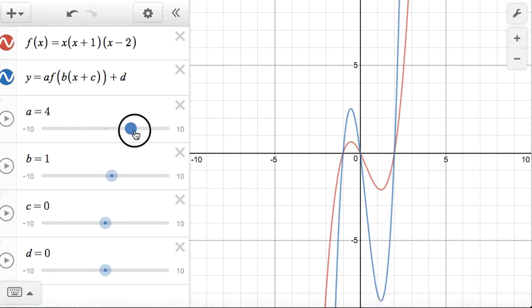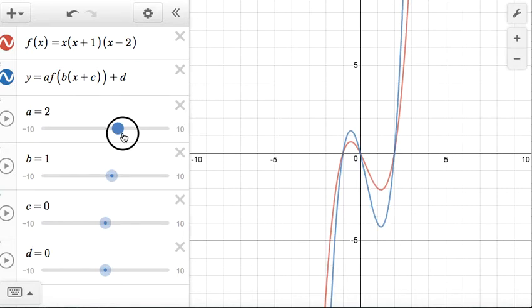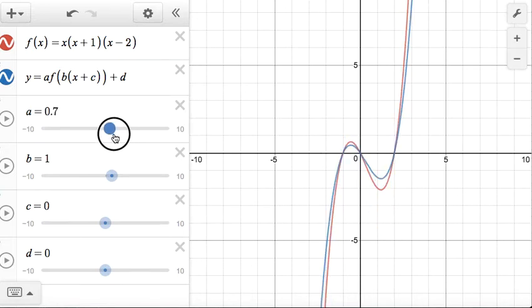Likewise, if I went in the other direction, we can see now that the function's expanded in the vertical direction. So that'll be our vertical expansion. In general, this is referred to as a vertical rescaling. Big key I want you to remember is not necessarily the numerical values, just when a gets larger than 1, we have an expansion. When a is smaller than 1, we have a compression.